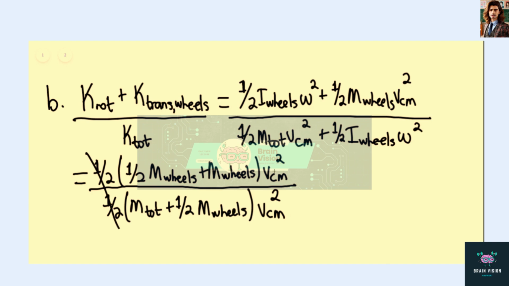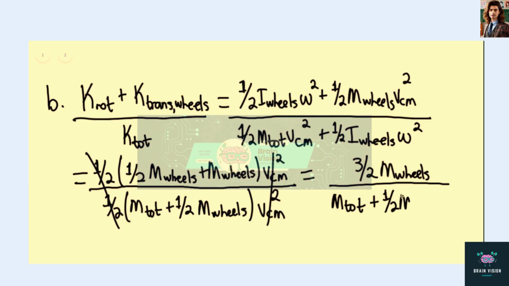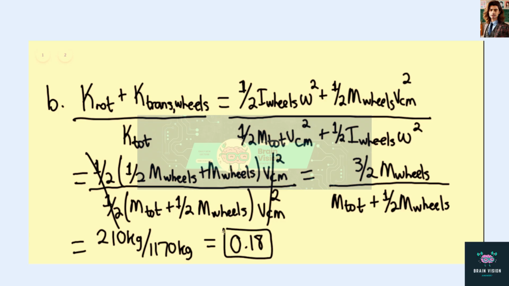Of course, 1/2 is going to cancel out, the velocity of the center of mass is going to cancel out, and we have 3/2 times the mass of the wheels divided by the total mass plus 1/2 times the mass of the wheels. And so the ratio would then be equal to 210 kilograms divided by 1,170 kilograms. And we are getting that the rotational plus the translational kinetic energy of just the wheels divided by the total kinetic energy is equaling 0.18. This would be your answer for part B.